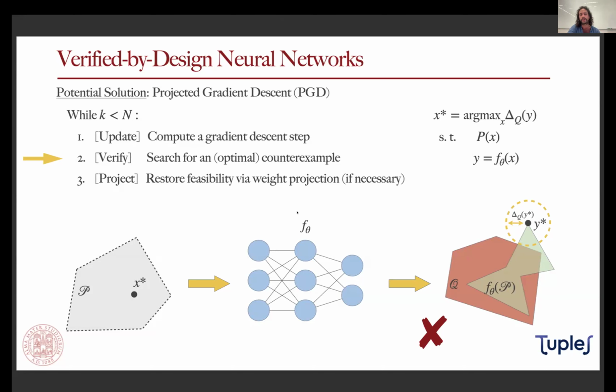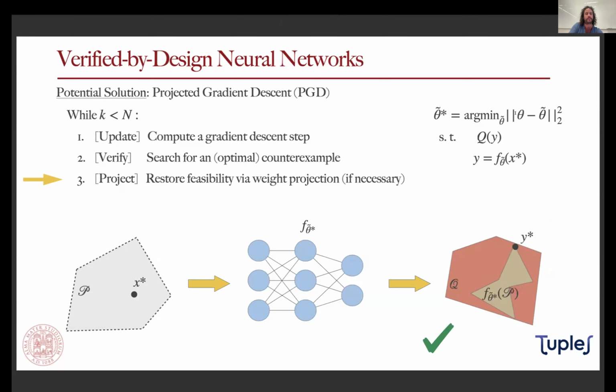At this point, you run another optimization process, this time searching over the parameter space of your network. In particular, you search for another parameterization, as close as possible to the actual one, which however restores the feasibility of your counterexample. So you perform a weight projection to bring the point Y star back into the feasible region. This is the projected gradient descent.